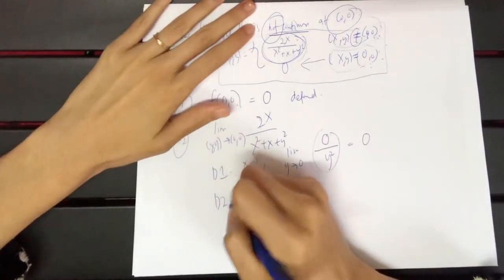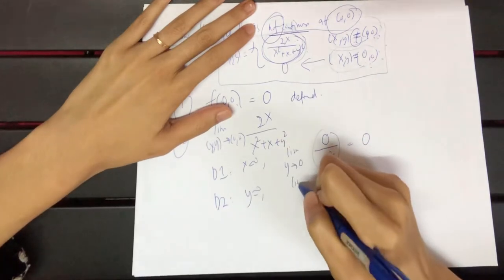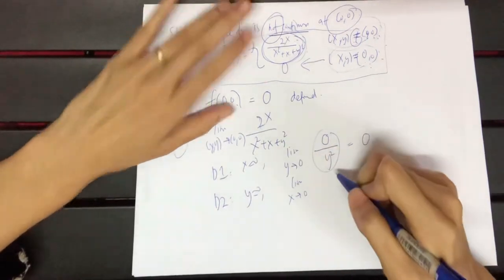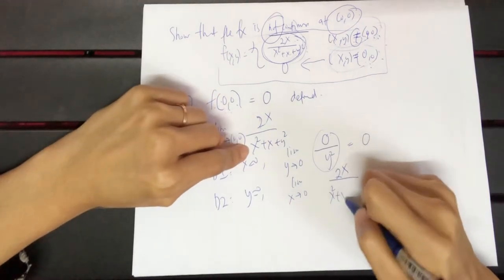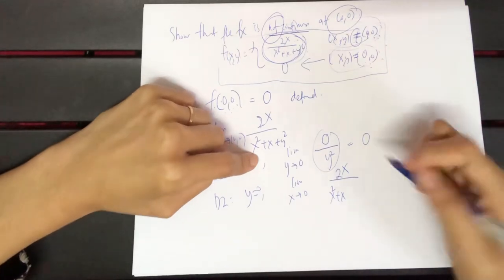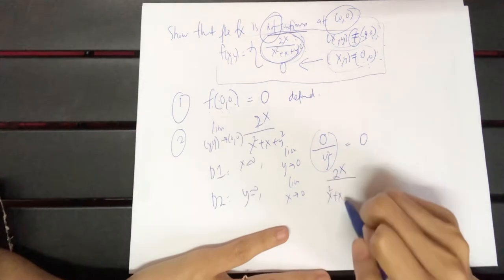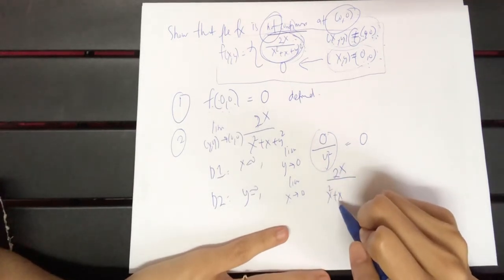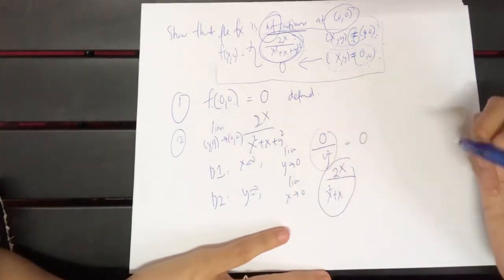Okay, we do it for direction number 2. Y equals 0, so we are left with X only. So that means we have 2X above here, and X squared plus X plus Y below. So we have no Y already. So when you substitute X equal to 0 here, you have a denominator 0, right? So tak boleh lah. So maksudnya kena buat sesuatu dekat function you.